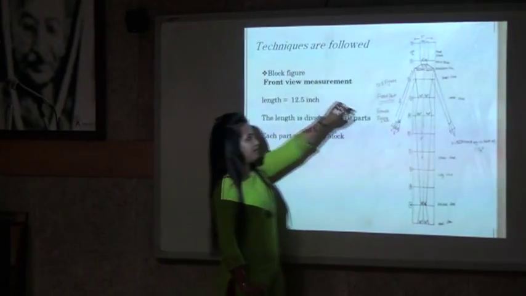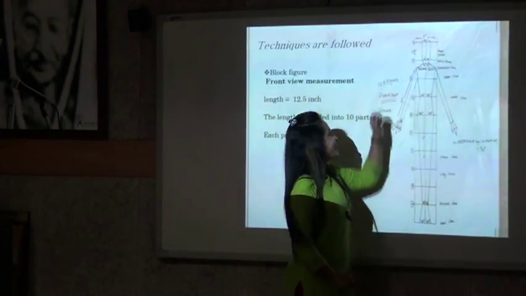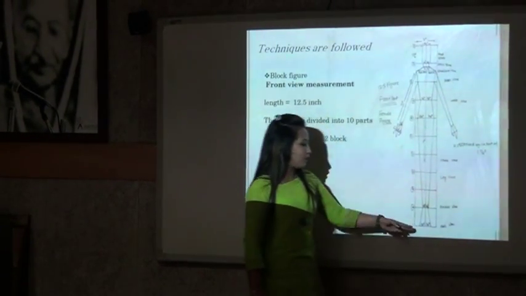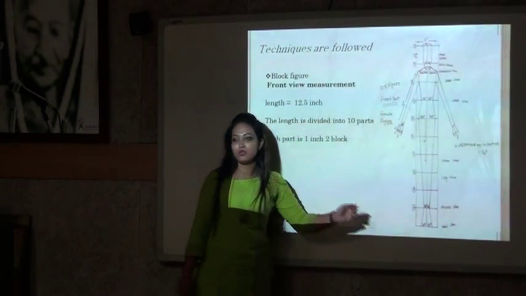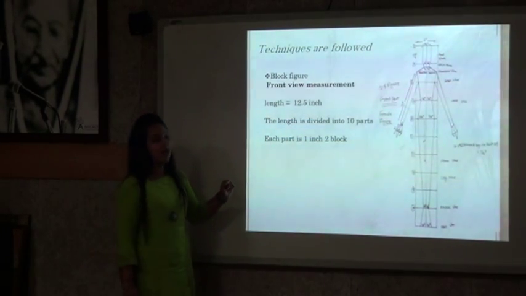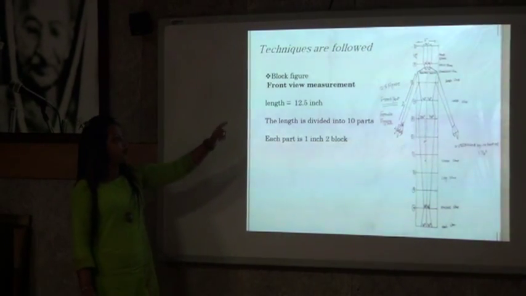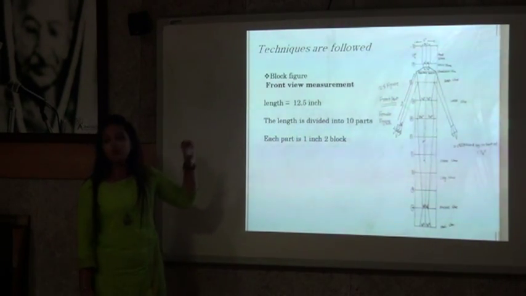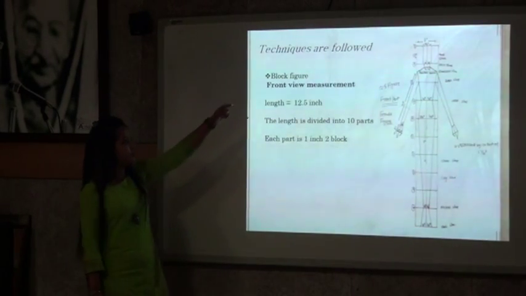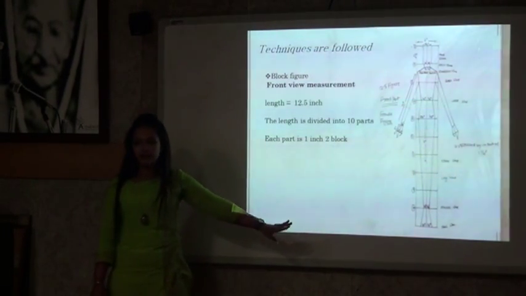Next is the block figure. That's why I need to mark. The whole length of this figure is 12.5 inches, and it is divided into 10 parts, and each part will be 1 inch 2 block, right? So it starts with 0 and ends with 10.